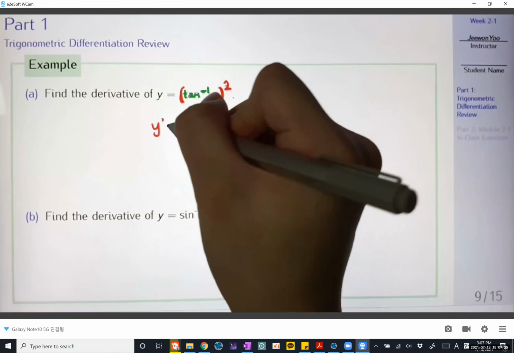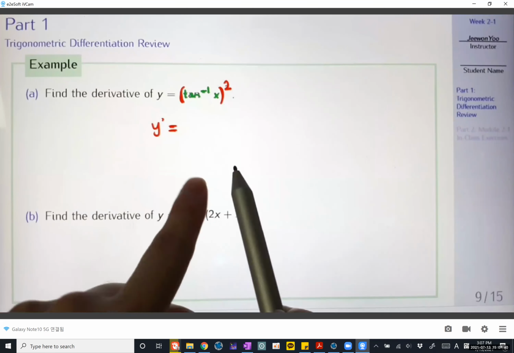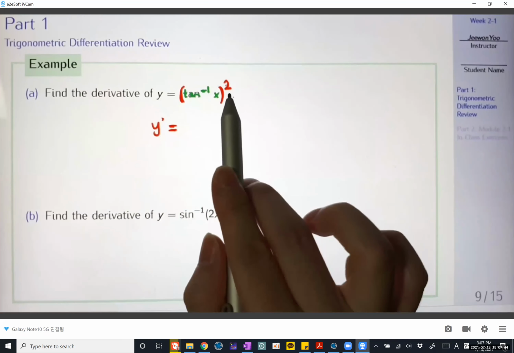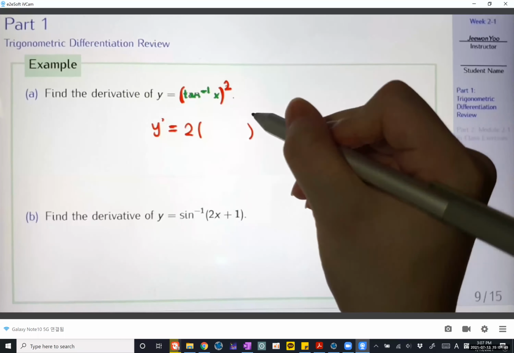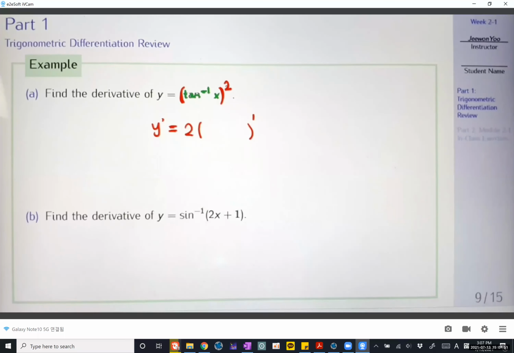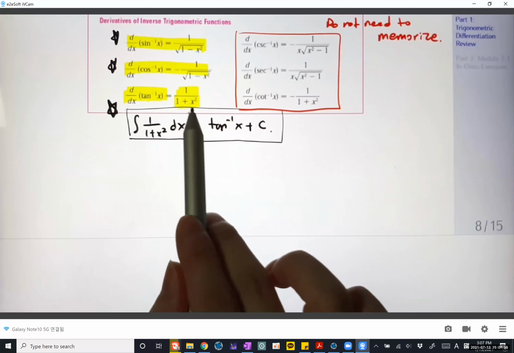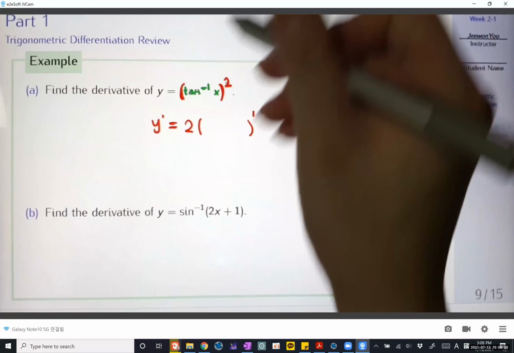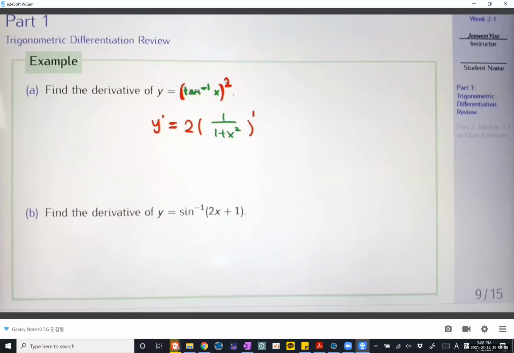Y prime is equal to, okay, take a look at my work and let me know if I'm doing it correctly or wrong. So derivative of the outside, you bring the power 2 down, and it becomes 1. And then the derivative of the inside, according to the formula, my favorite one, is 1 over 1 plus x squared.